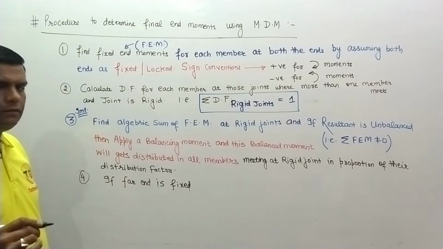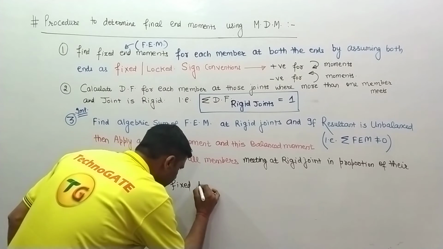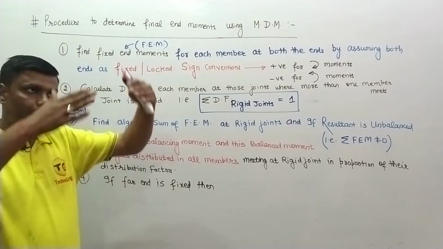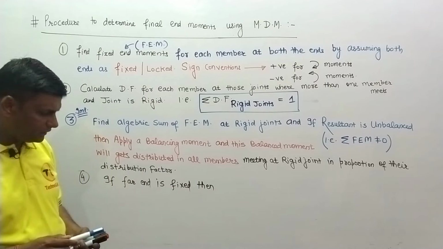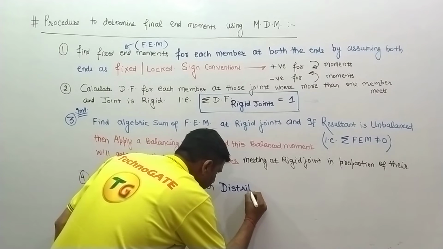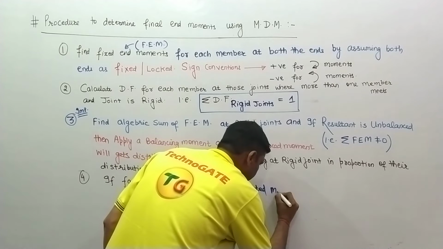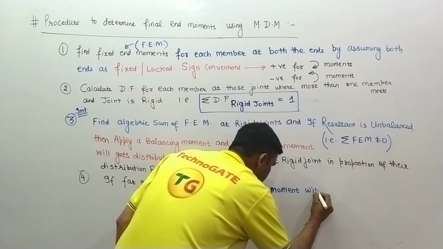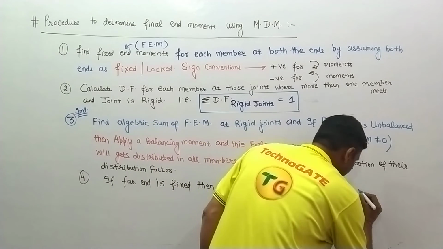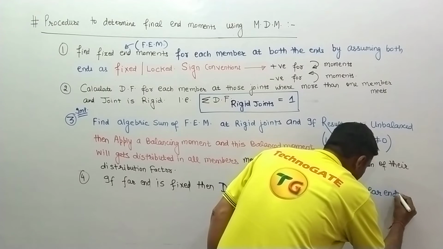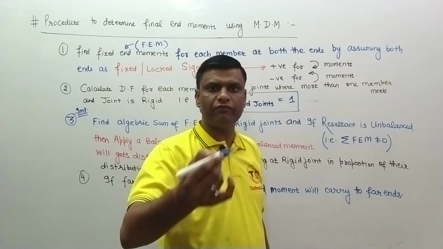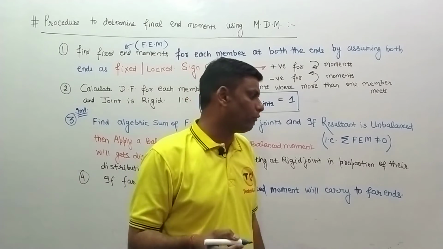If the far end is fixed, then the distributed moment, whatever the distribution will be for the balancing moment, will carry to the far ends, and these distributed moments which are carried to the far ends are called carryover moments.